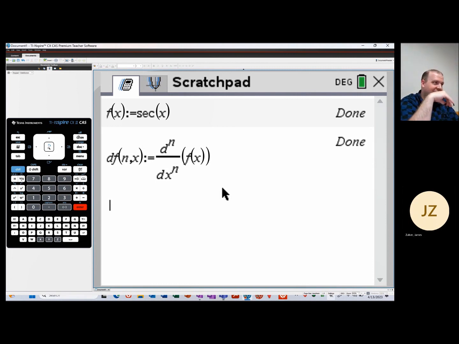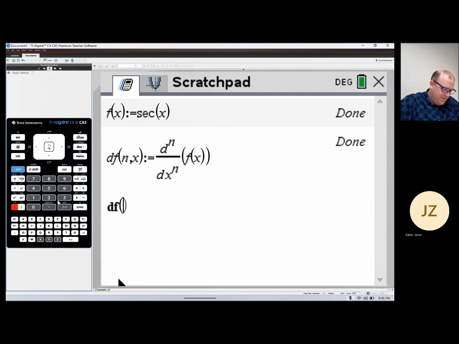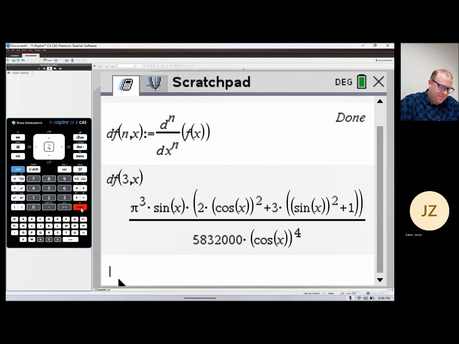I'm just going to go ahead and define a derivative function. Actually, probably didn't need to define f of x. I could have just put down derivative of secant x to the nth power. Oh, well. The advantage of this is now I can just do df 3 comma x.